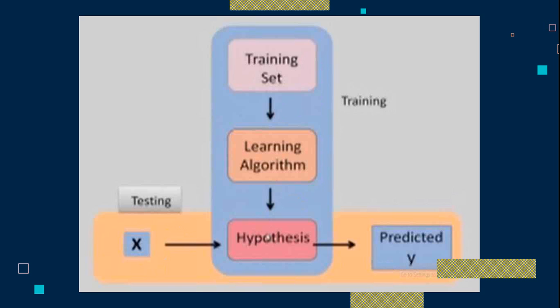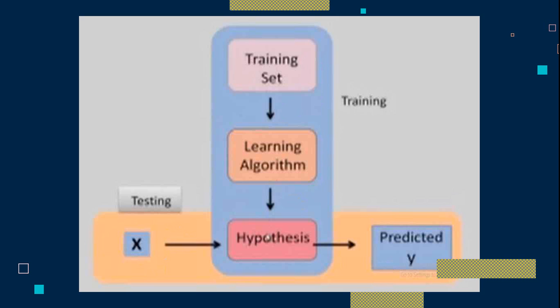Then select the proper machine learning algorithm and then check how the training data set and learning algorithm can satisfy your hypothesis.